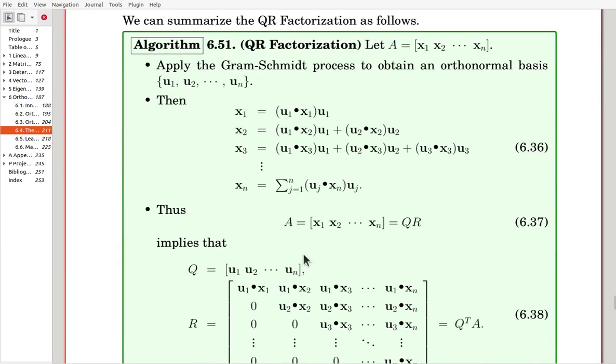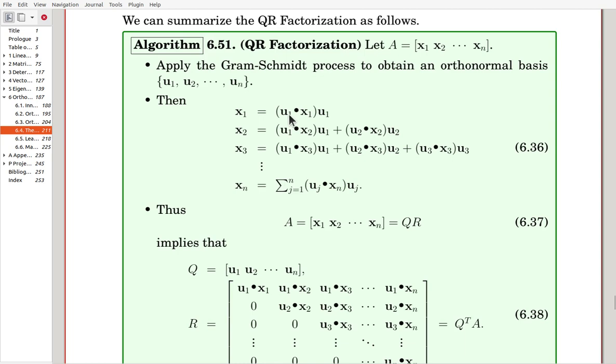Here we have the algorithm for QR factorization. A has n columns, and the columns are linearly independent. Then we first apply the Gram-Schmidt process to obtain an orthonormal basis u1 to un. Then each column can be expressed as a linear combination of u1 to un because they are orthonormal, and this expression is unique, in fact.